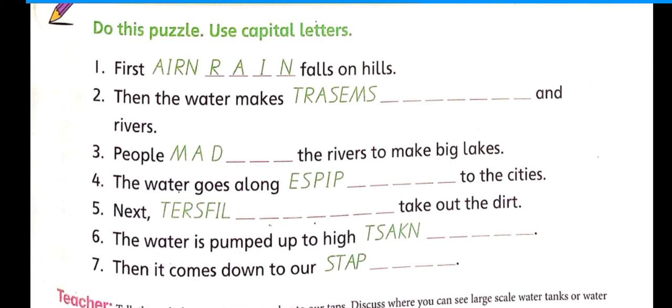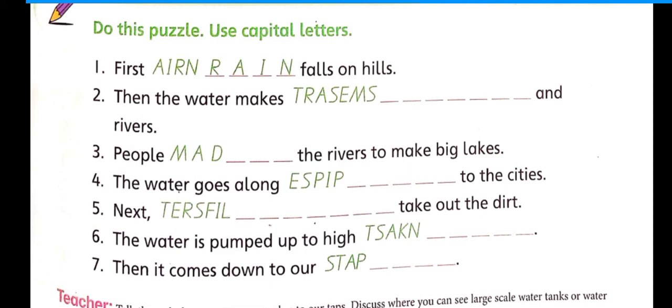You can take help from your jumbled form, and here you will write down the accurate spelling. F I L T E R S, filters. Filters, we have done.